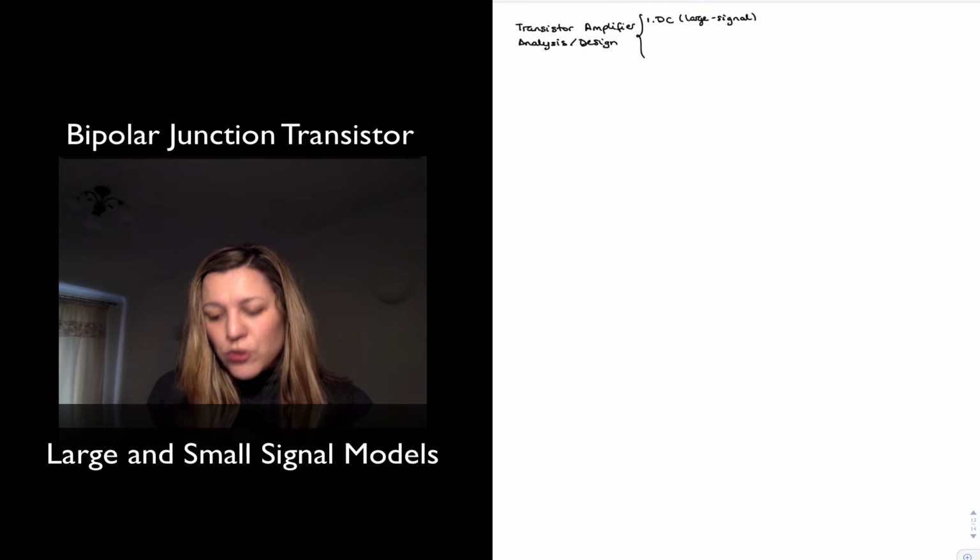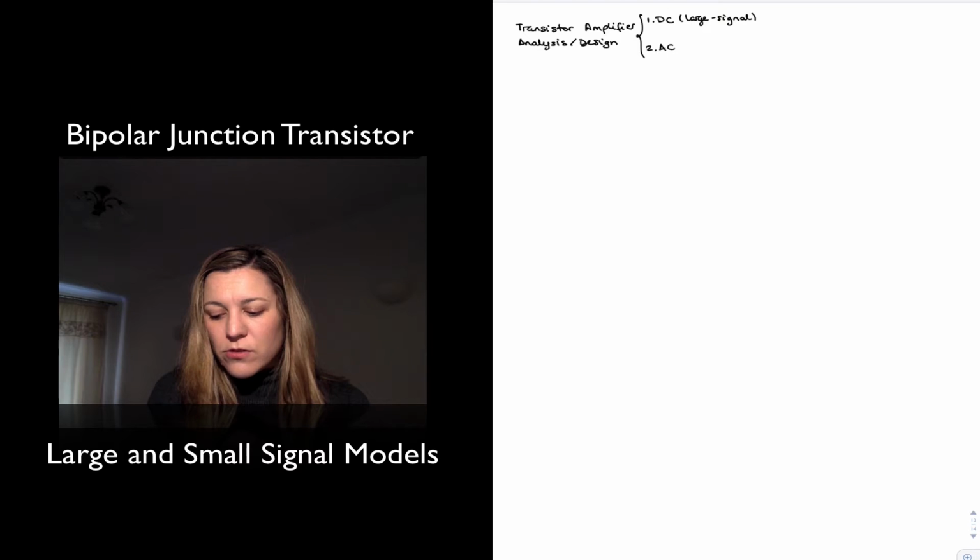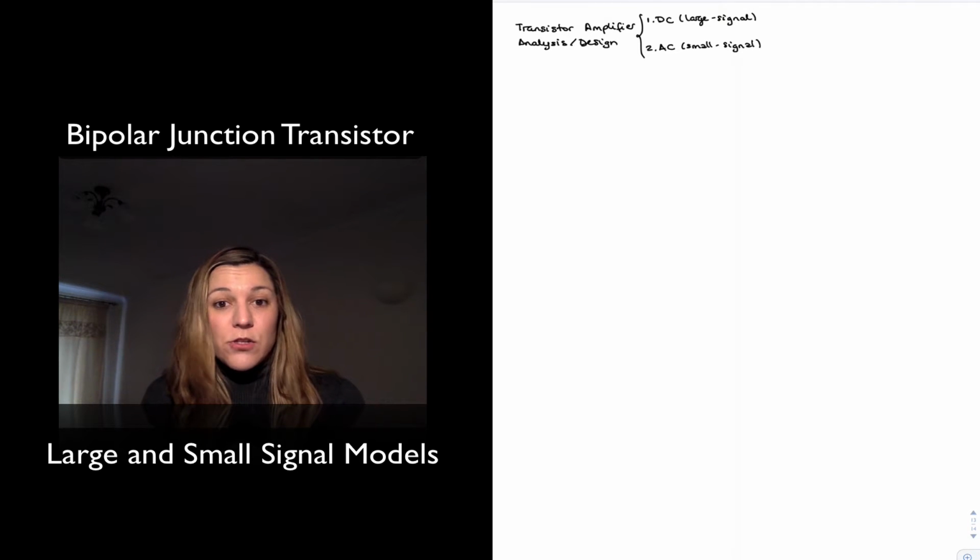And from that, we're going to get the DC values of our parameters, currents, voltages, and then we're going to draw the AC equivalent circuit and calculate the AC components of our signals, also referred to as a small signal analysis or design.